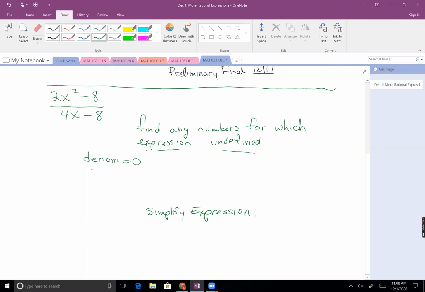So my denominator would be 4x minus 8. And so I've got to find what values make that equal to 0. So can everybody take a second and solve that equation for me and tell me what you got?